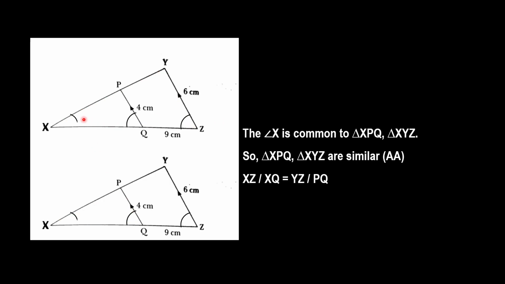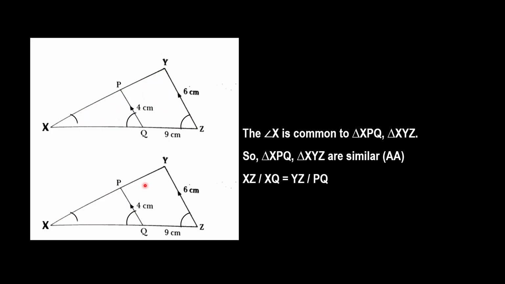Angle X is common in both figures, so angle X is equal to angle X. And we have already noticed that angle Z is equal to angle Q. Two of the angles are equal, so the third angle must be equal. So the two blinking triangles are similar.